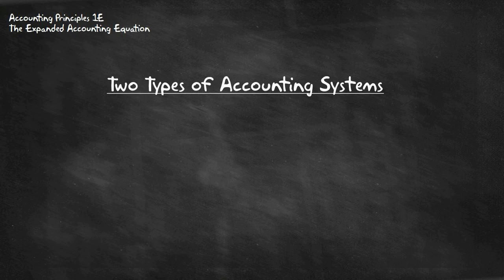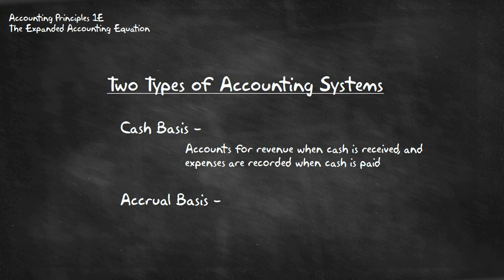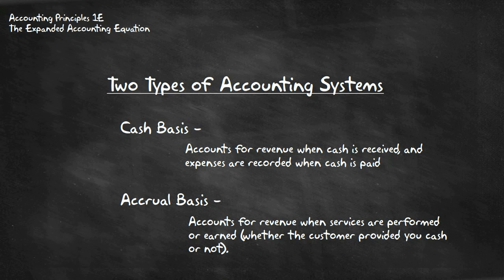Note, it is important to understand there are also two types of accounting systems, a cash basis and accrual basis. A cash basis accounts for revenues when cash is received, and expenses are recorded when cash is paid. The accrual basis accounts for revenue when the services are performed or earned, whether the customer provided you cash or not.